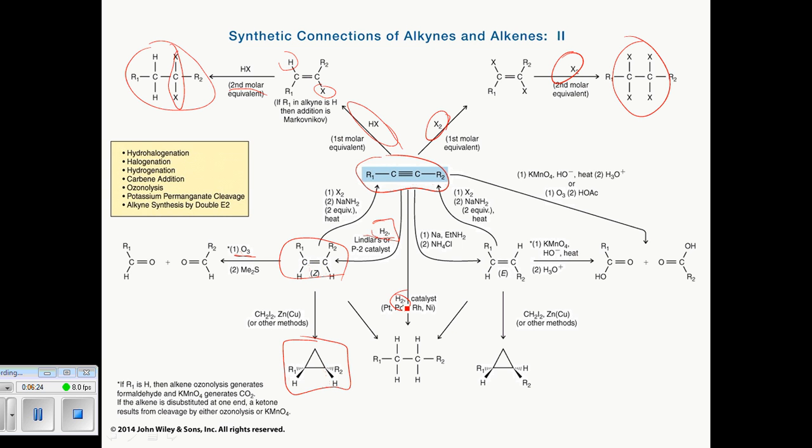Again, adding hydrogen across double bonds, another three-membered ring, unique situation. And then in this case, you're being specific about the type of conformation that you want the double bond to go in, and once you get that, using a strong oxidizing reagent, you can oxidize using potassium permanganate all the way to the carboxylic acid. If we want to go from the double bond back to the triple bond, you can do that. We did that last chapter. And so there are quite a few ways to convert back and forth.